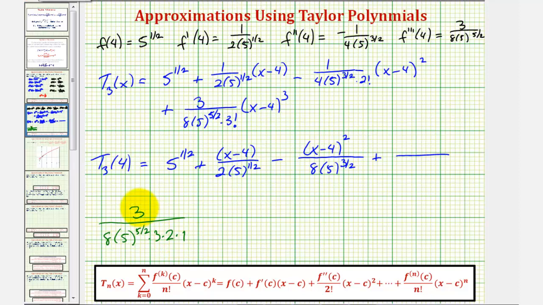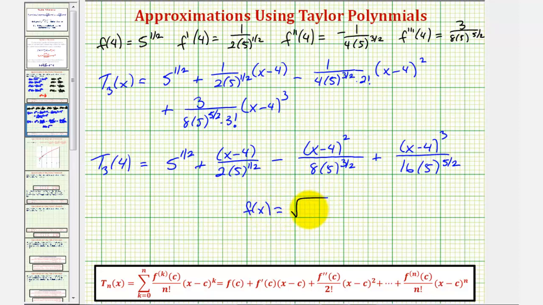Notice how the 3's simplify to 1, so we have 1 over 16 times 5 to the 5/2, and since the numerator is 1, we can write the numerator as the quantity x minus 4 to the third, and then we have 16 times 5 to the power of 5/2. So this would be the third degree Taylor polynomial for the given function f of x equals the square root of the quantity x plus 1 centered at 4.